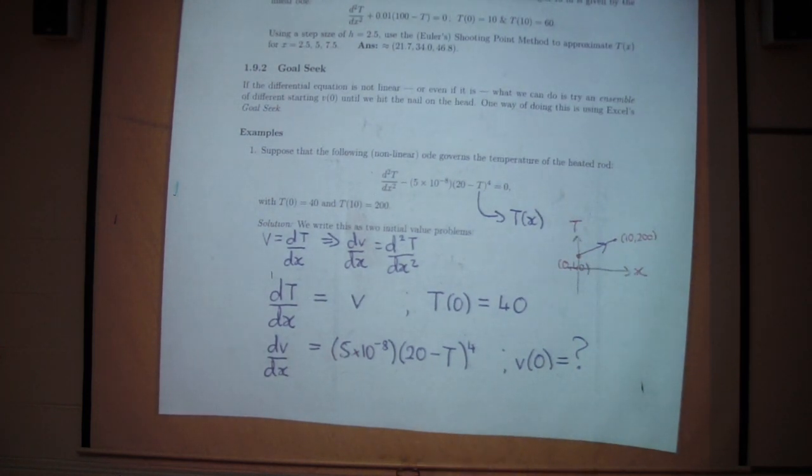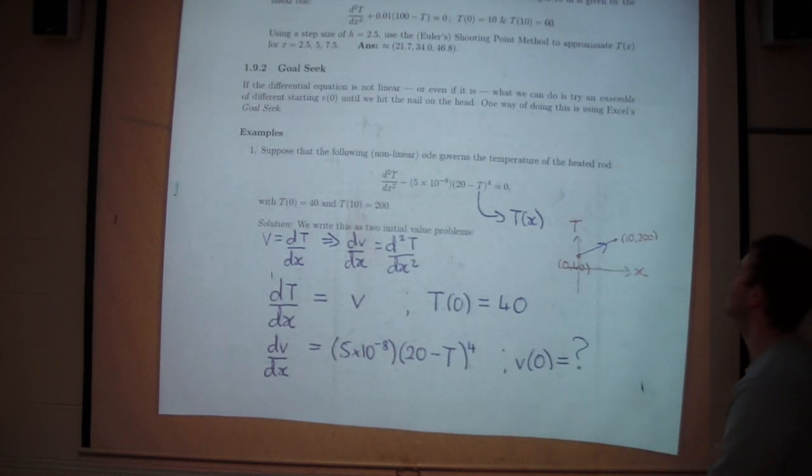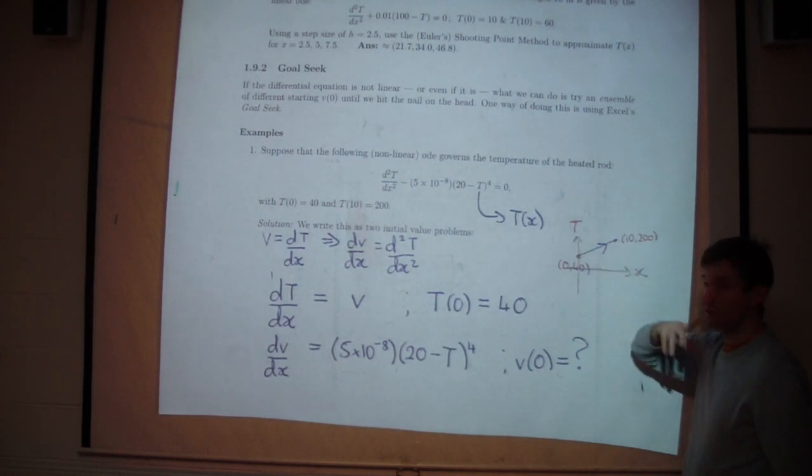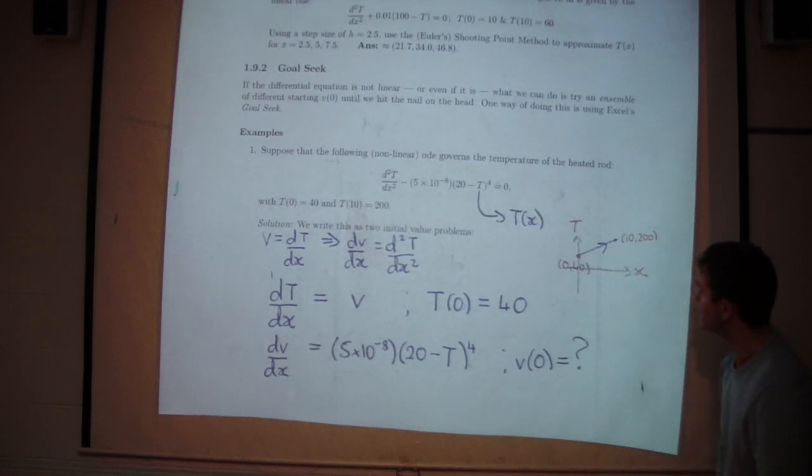The issue here is we're not going to take two shots and average them out. What we have to do is take loads of shots. There are other approaches you can take. You can use the bisection method. You could start with a very small slope and increase it by a step size and look at which one is closest. All these things are reasonable.